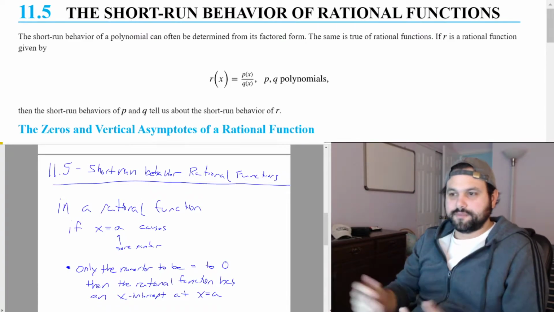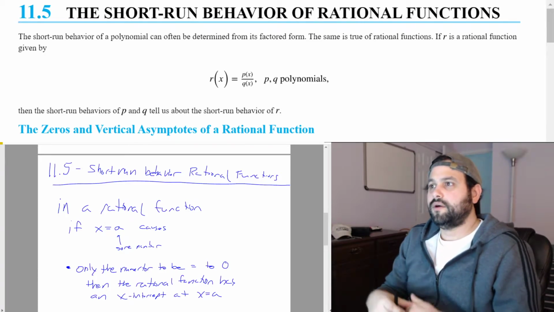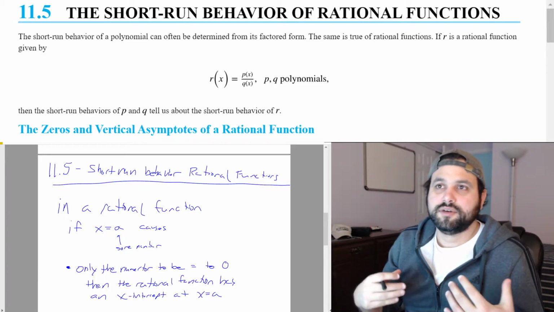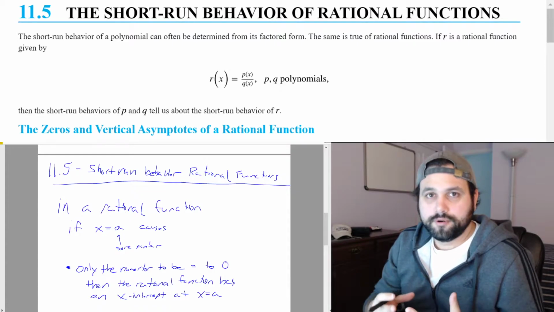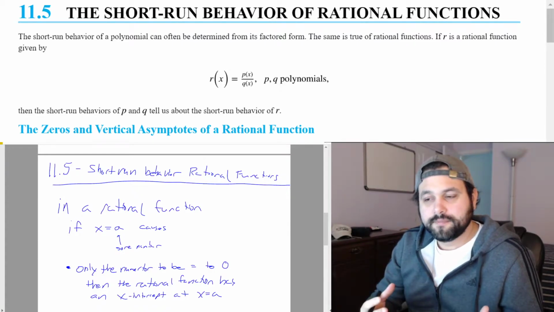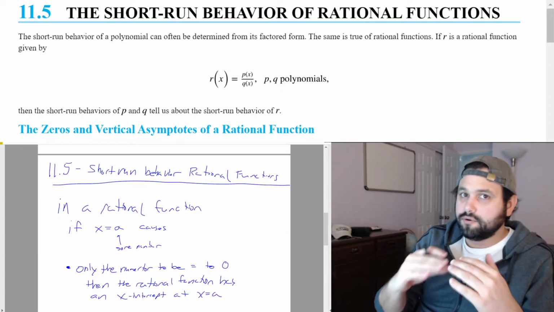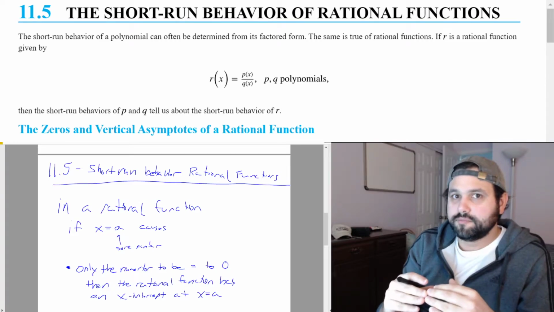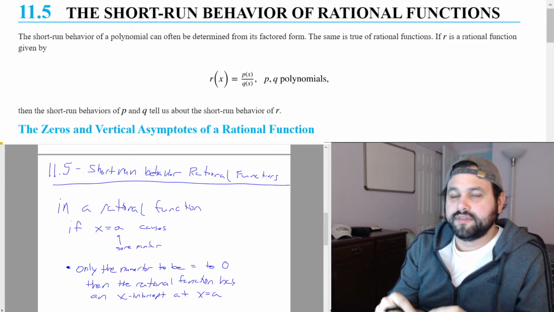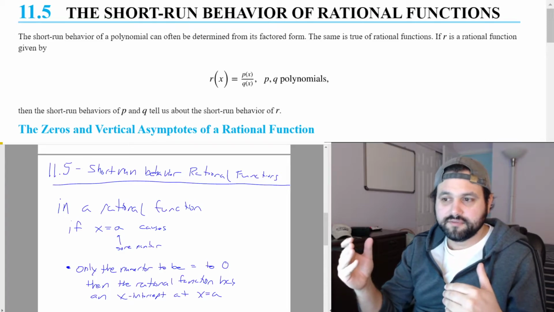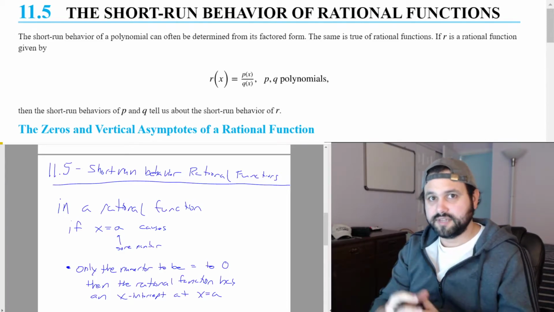Again, if we're talking about some other number, let's say when x is -4, the denominator, and only the denominator, is equal to 0 when you plug -4 in, then that rational function has a vertical asymptote at x equals -4.